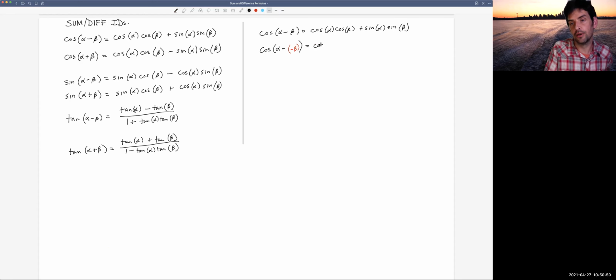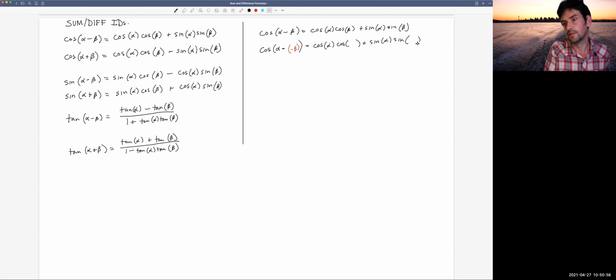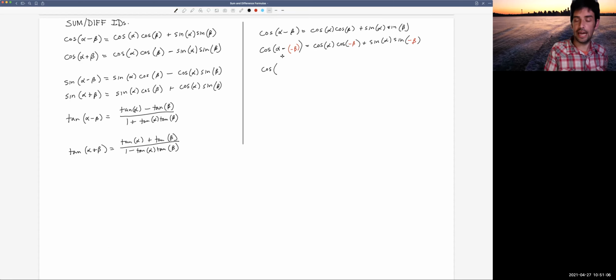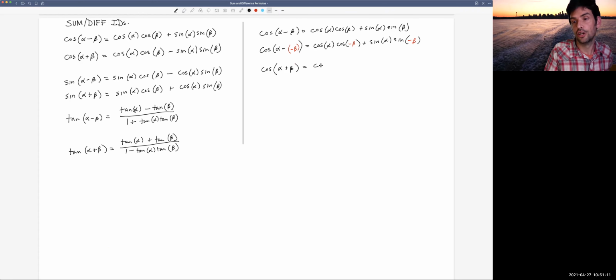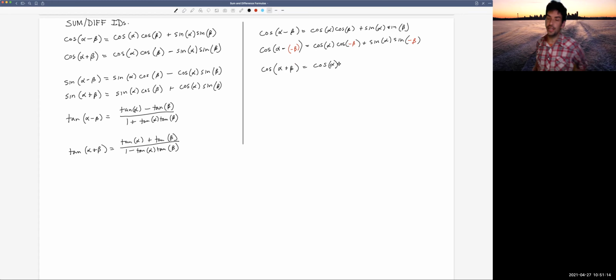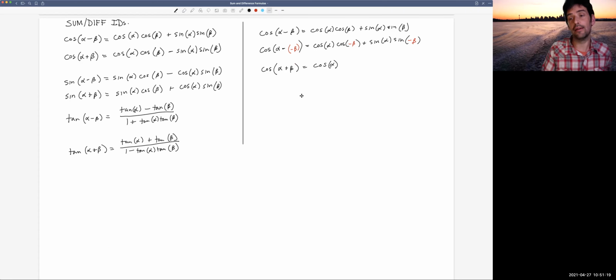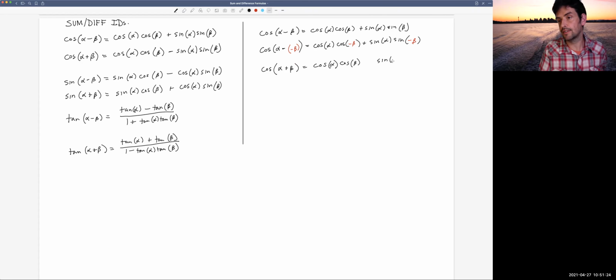So what would happen? Cosine of alpha, cosine of negative beta. Well, look on the left, we have minus minus, that's alpha plus beta. Remember the even and odd function identities. Cosine of negative beta is the same as cosine of beta, but sine of negative beta is negative sine of beta.